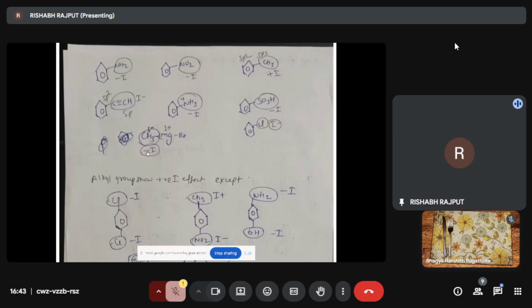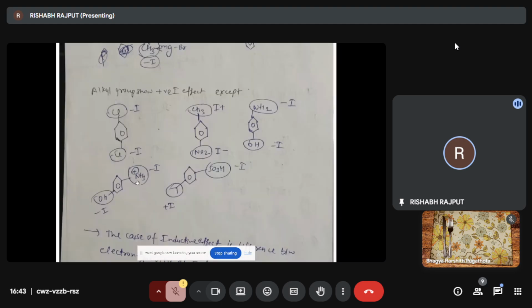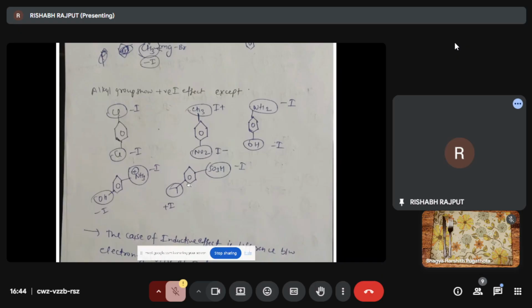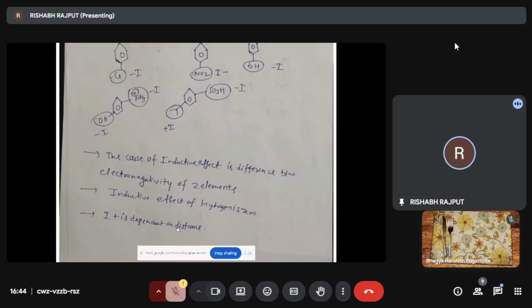The cause of inductive effect is the difference between the electronegativity of two elements. Inductive effect of hydrogen is zero. And it is dependent on distance. If you go on a long way, your inductive effect will be weak. You can see the first diagram.